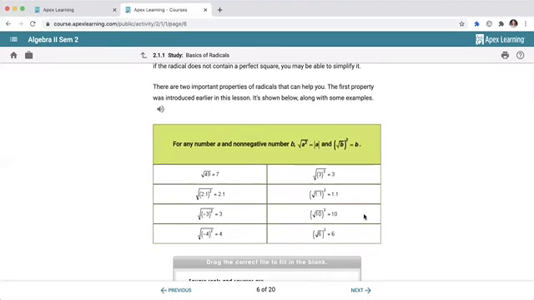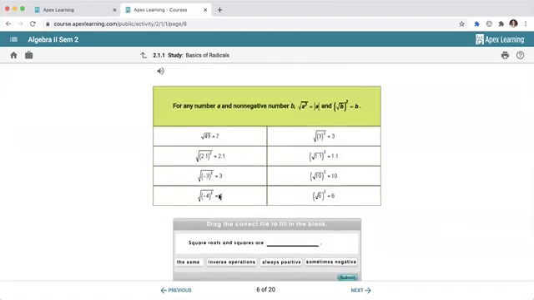The first one here is that for any number A and non-negative number B. Basically what they're trying to say is that if I have the square root of a number, so this is supposed to say 16 here, 16 can give me a positive or negative 4 when I take the square root of it.